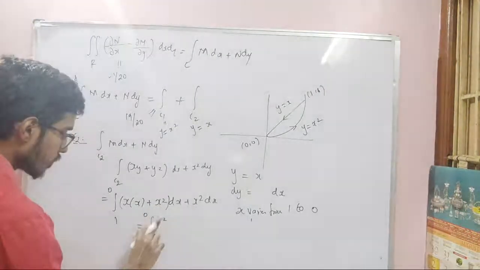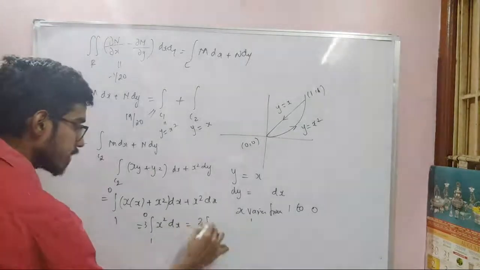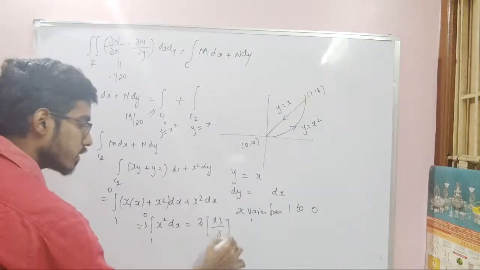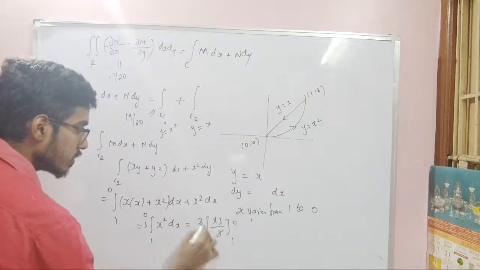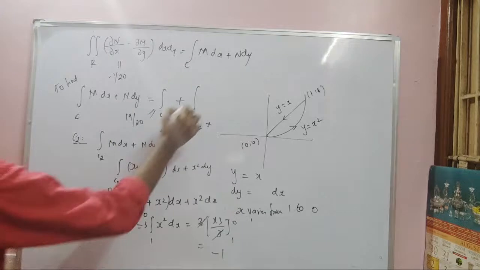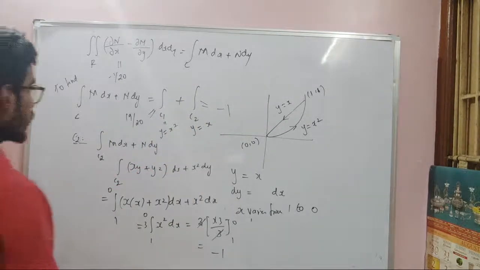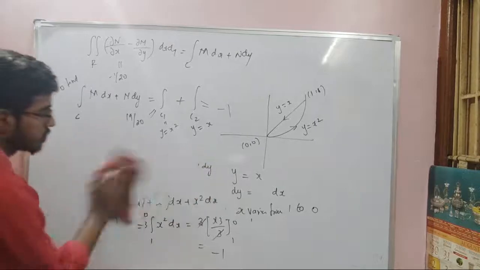I can take 3 outside, so 3x square dx is 3 times x cube by 3, with the limit from 1 to 0. So 3 will get cancelled, and we have 0 minus 1. So we have shown that this value is minus 1. So what will be my integral over C of m dx plus n dy?